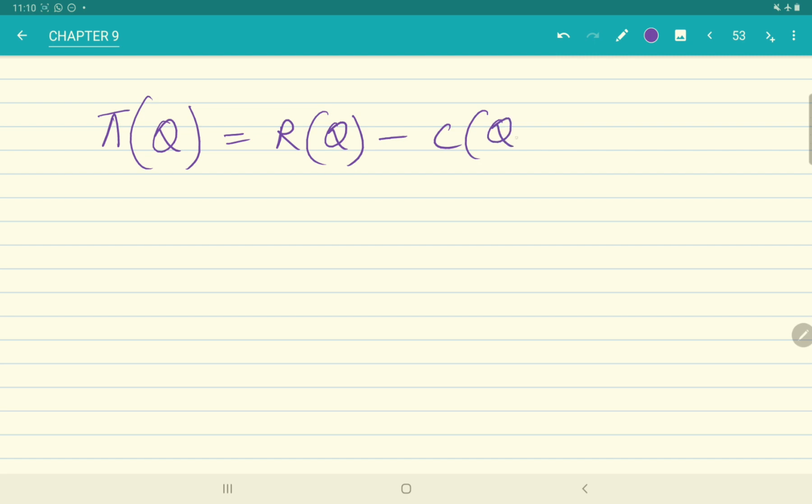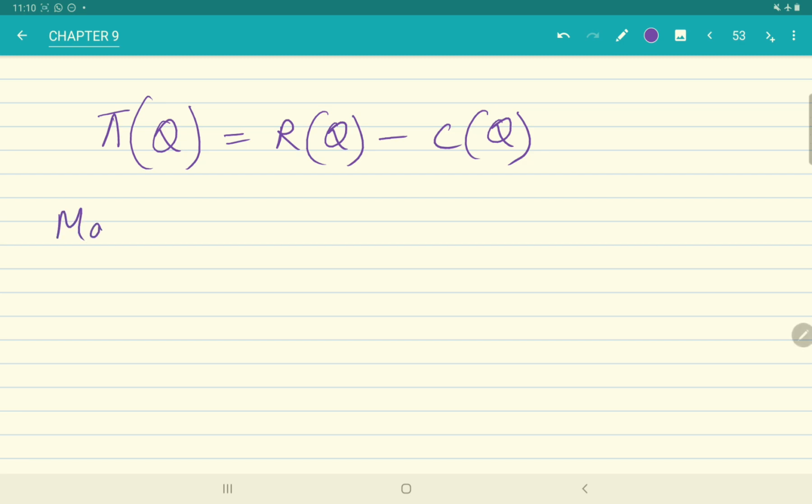This is the profit. Now let's say there are some limitations faced by the firm, some sort of technical limitations, and keeping those limitations in mind, we suppose that there is a maximum quantity that can be produced by the firm in any given period, as in the firm just cannot go on producing above that quantity.